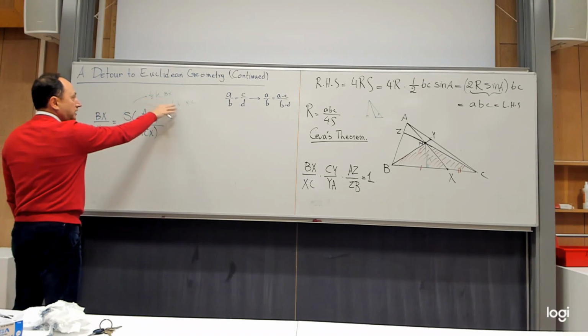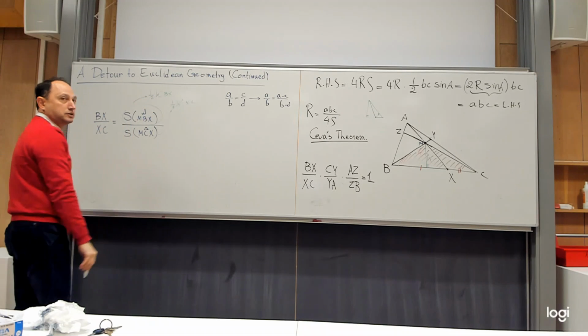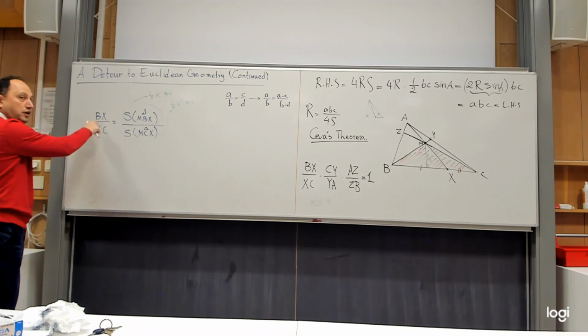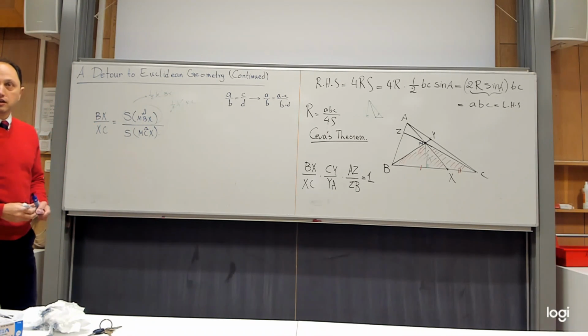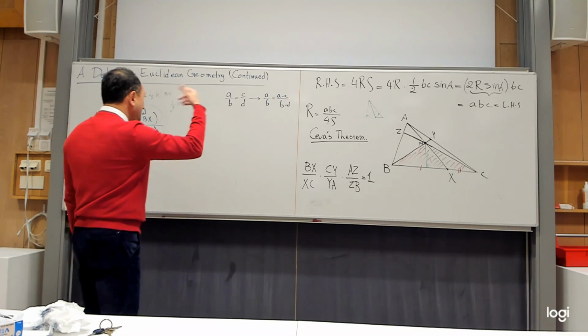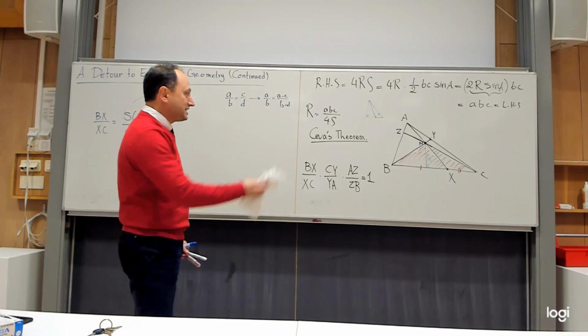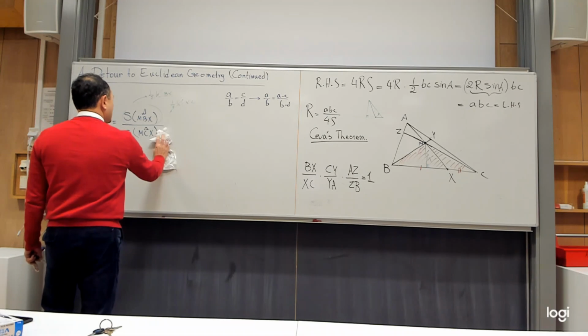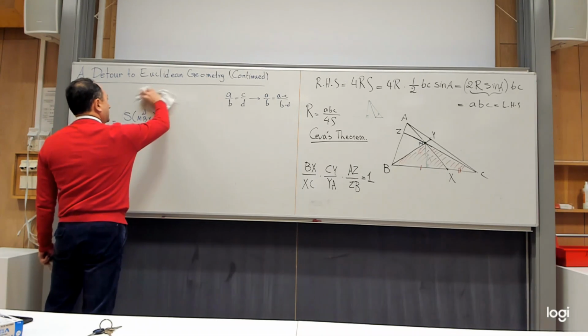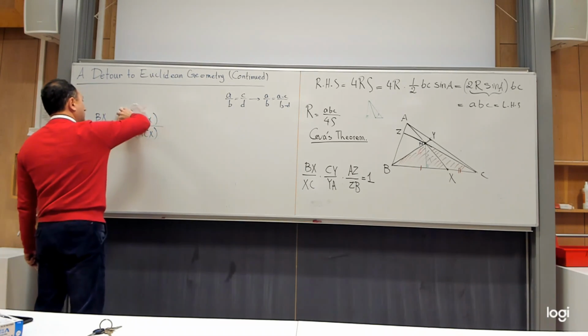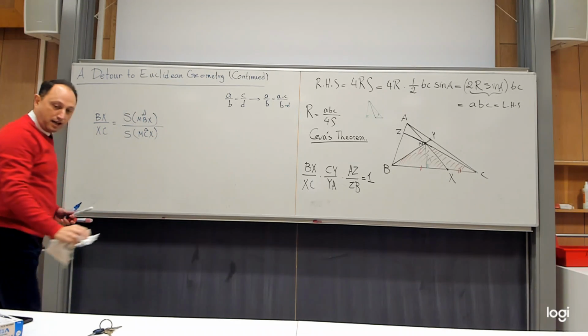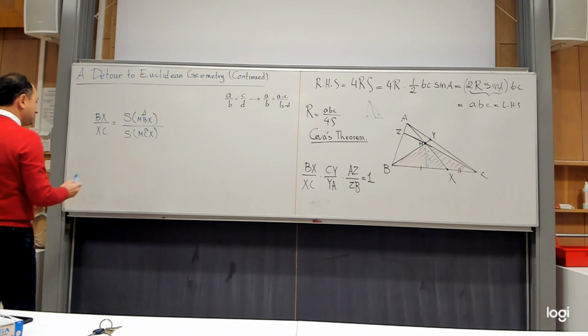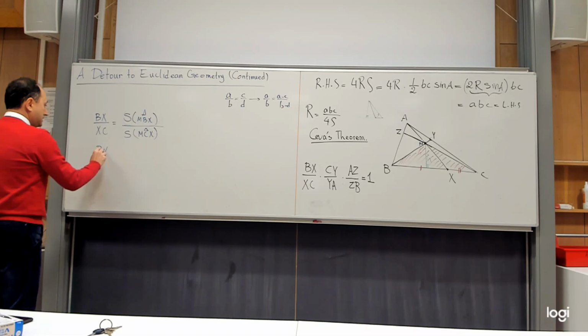And when I divide this by that, of course, this one and that one are gone. And I get this fraction BX over XC. Is that understandable? So you need to train your eyes to catch these figures and details. Okay, let me just clean that one. Now you understand why this is true. Yes or no?